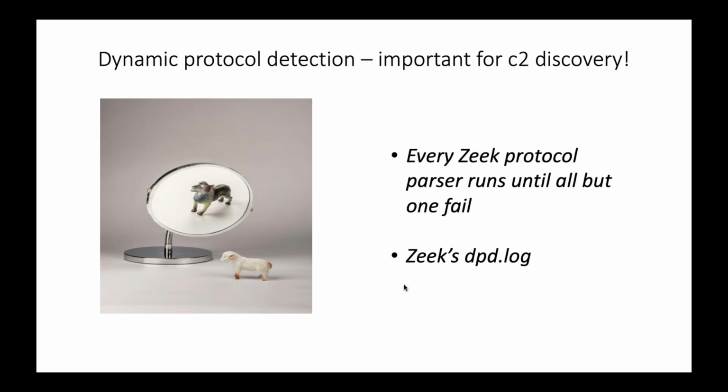Even going outside of common protocols like DNS and HTTP for a moment, one of the most important things that Zeek does is dynamic protocol detection, where it looks at the layer 7 payload and attempts to match a known protocol to determine what is happening on a given port, as opposed to just saying, hey, this is port 80 so it's HTTP. That's able to find these protocols on off ports that a firewall or an IDS might miss, as well as see things like, well, this is going out over port 80, but it's binary data.